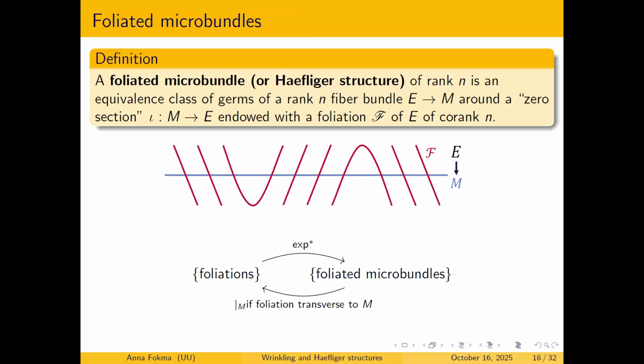And then it's maybe good to say that if you have a foliation on your manifold, then you can pull it back using the exponential map to a foliated microbundle. And vice versa, if you have a foliated microbundle, you can restrict it to the base, and then you obtain a foliation. However, this only works if your manifold is transverse to the foliation, meaning that the space, the manifold, and the foliation span is maximal.